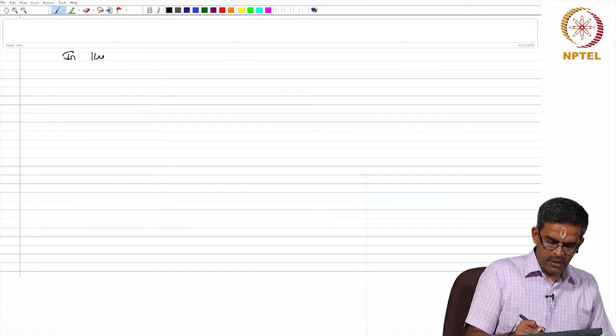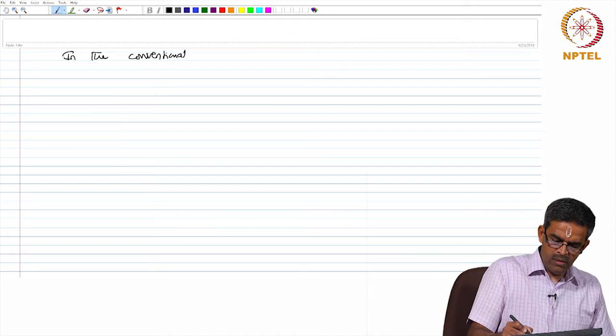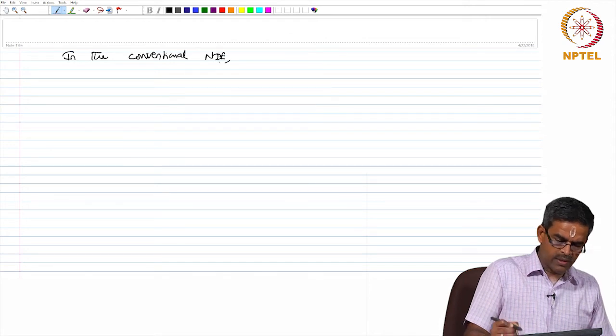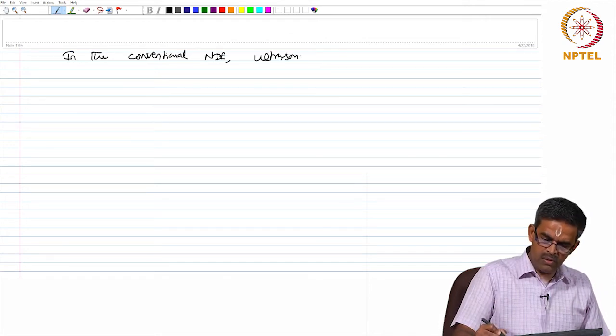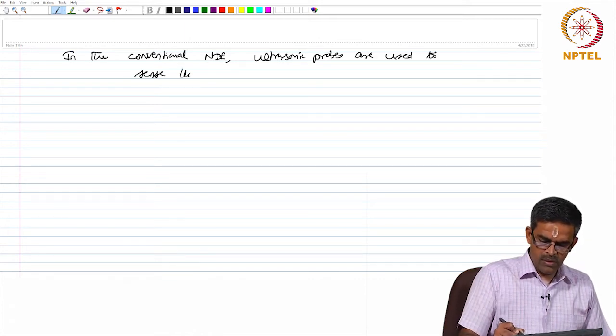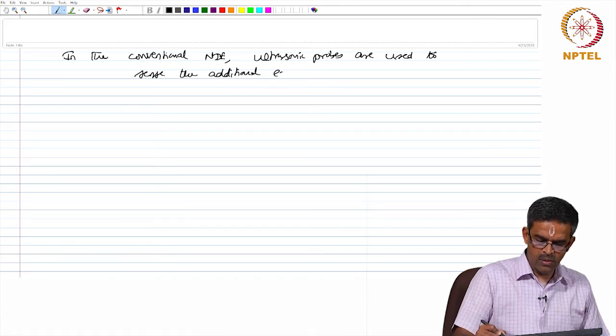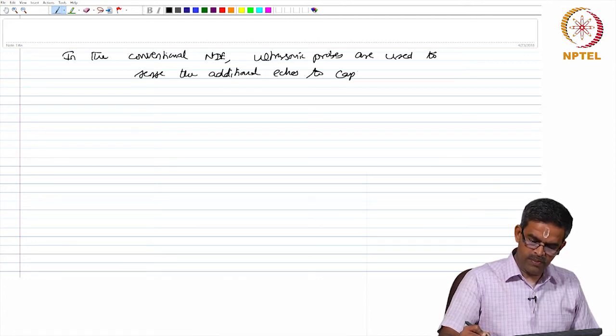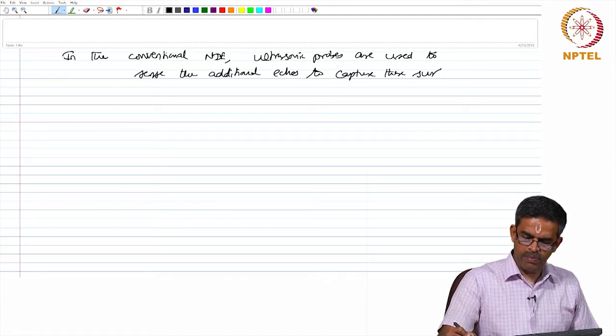On the other hand, in the conventional non-destructive evaluation, ultrasonic probes are used to sense the additional echoes to capture these surface parallel cracks.